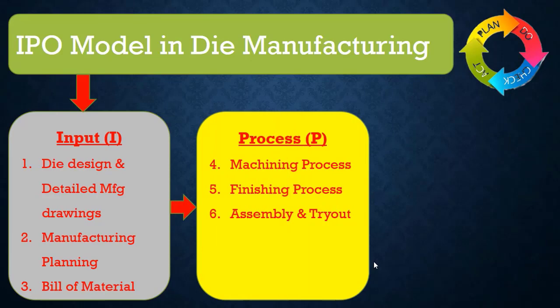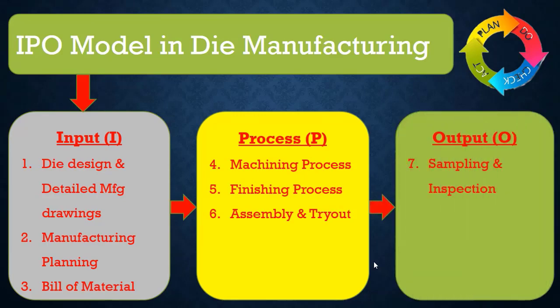And the next stage is the manufacturing process, that starts with the machining process, finishing process, and assembly and tryout. The next is output of sampling and inspection. We will see one by one in the upcoming slides.